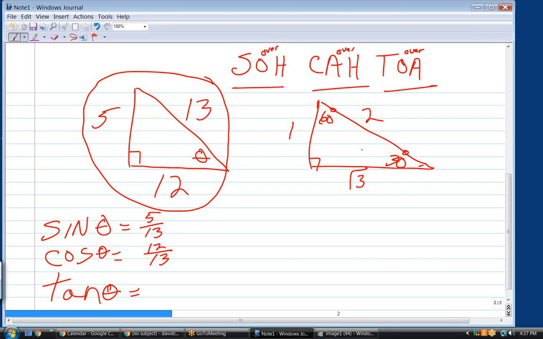We'll get to this triangle in a minute. Sorry. But this triangle here, 5 over 13? It's 5 over 12. Okay. You see why? It's not over the hypotenuse, it's over the adjacent. So it's these two letters that are key. Sine is opposite over hypotenuse, cosine is adjacent over hypotenuse, tangent is opposite over adjacent.